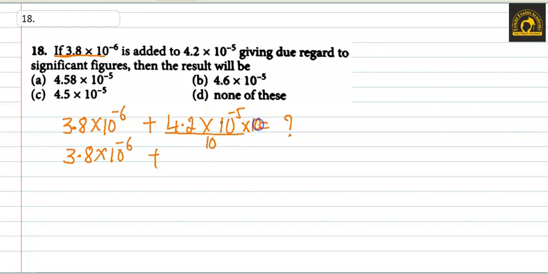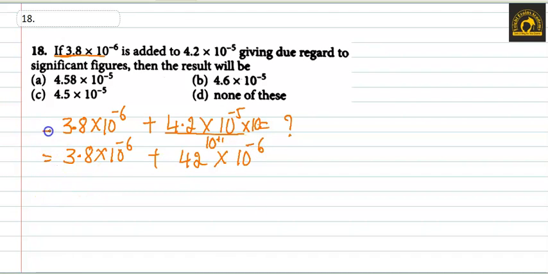So 10 into 4.2 is 42, 10 to the power of plus 1. So it will be shifted to the numerator, that becomes 10 to the power of minus 6.